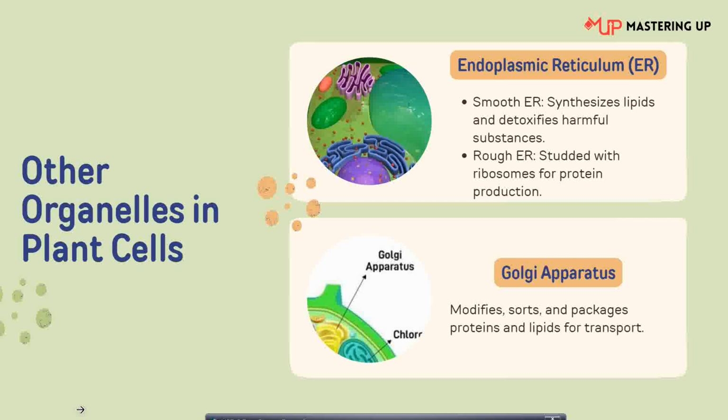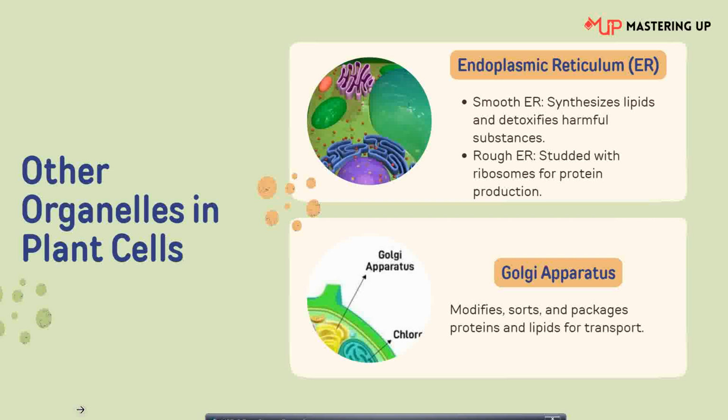The smooth endoplasmic reticulum synthesizes lipids and detoxifies harmful substances. The rough endoplasmic reticulum is studded with ribosomes for protein production. Next is the Golgi apparatus, a coiled structure.